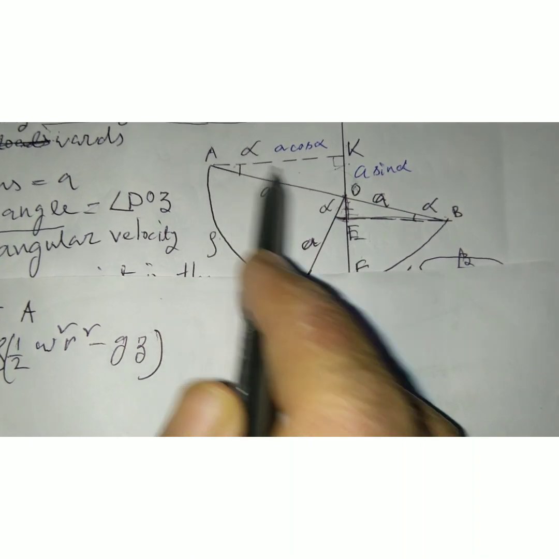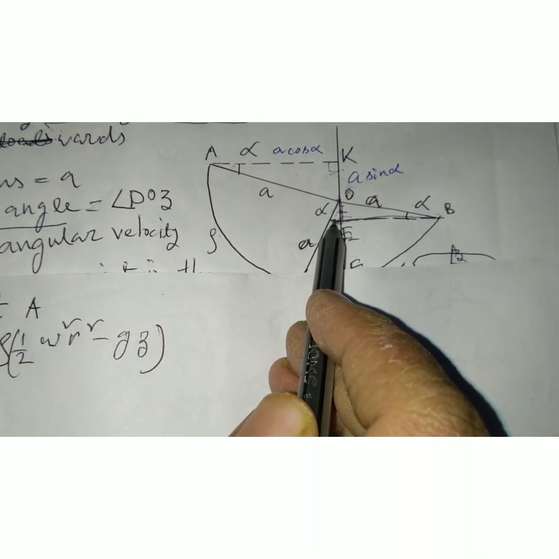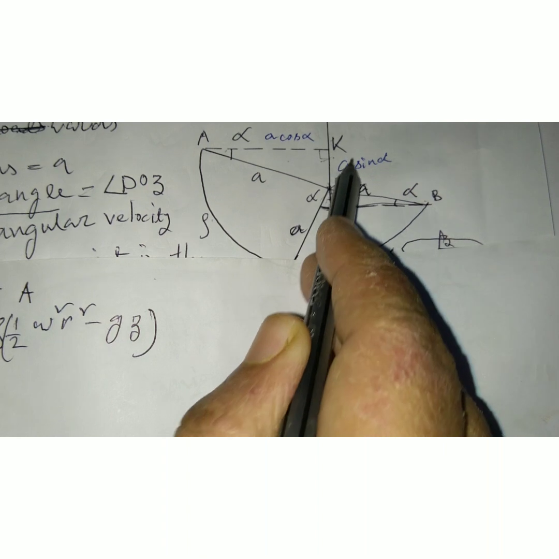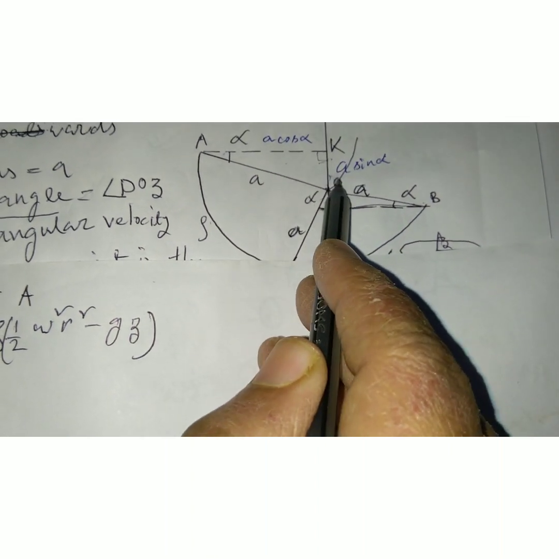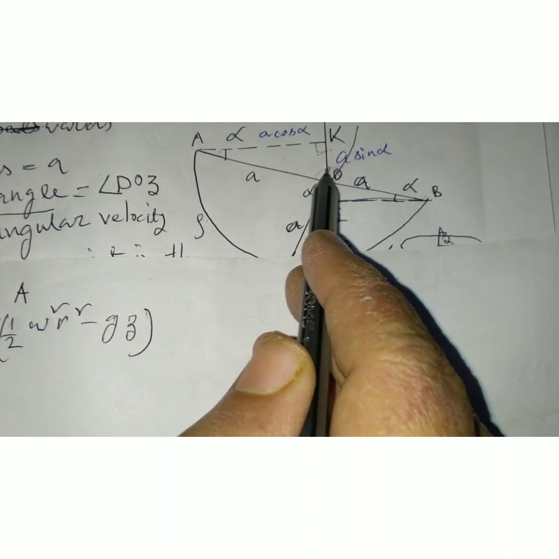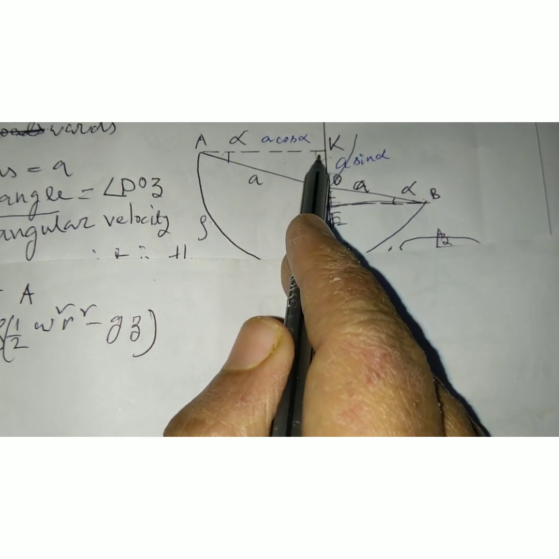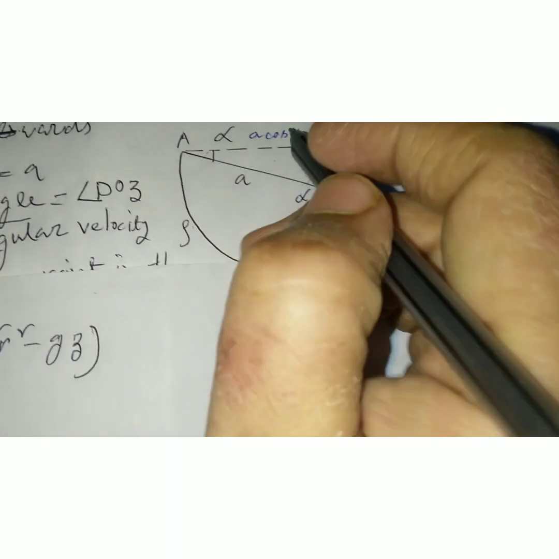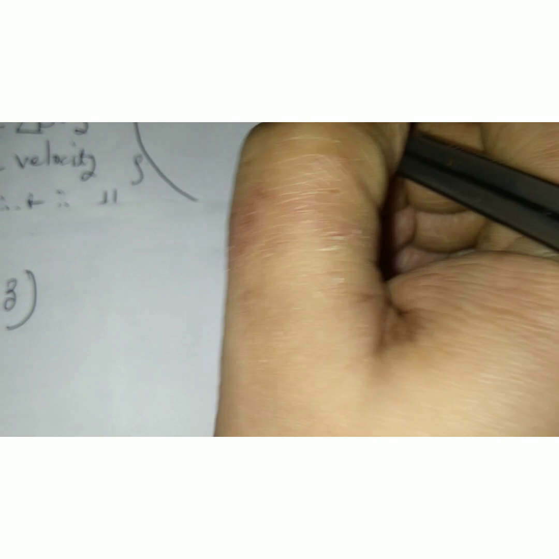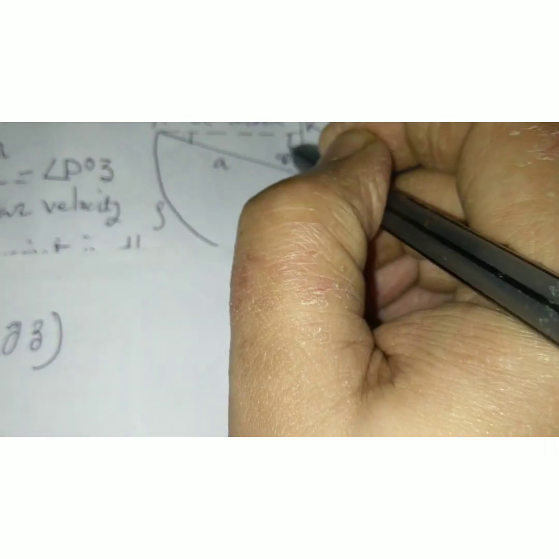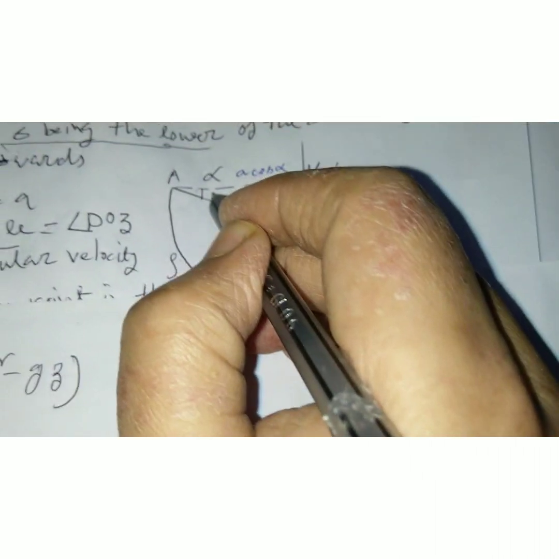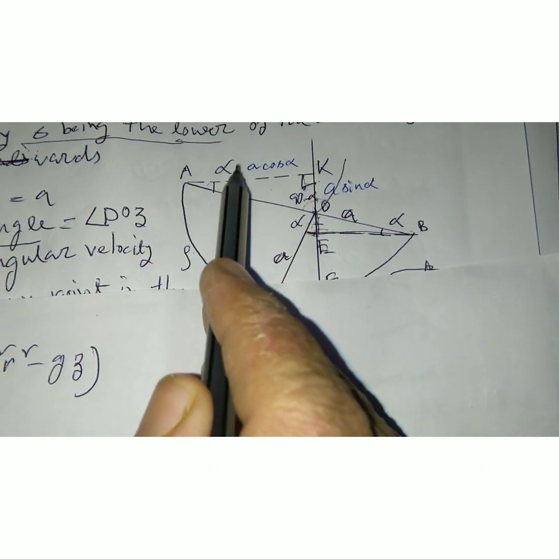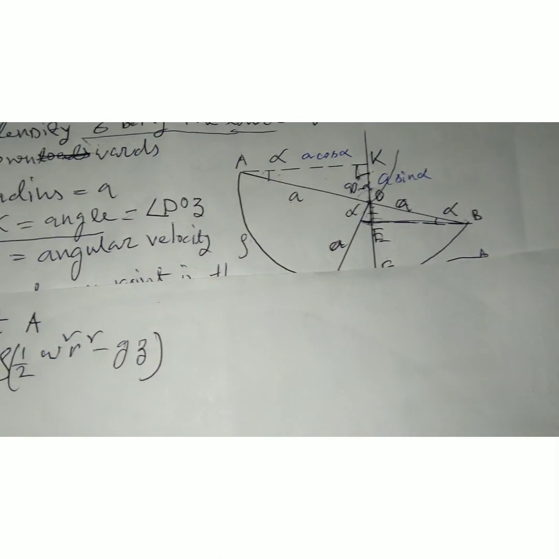Why is this the alpha angle? Look at this, this is alpha, and if you extend, the total is 90 degrees. So this is 90 degree minus alpha, and this is 90 degree. So obviously this is alpha and this is A. So A cos alpha is your radius.